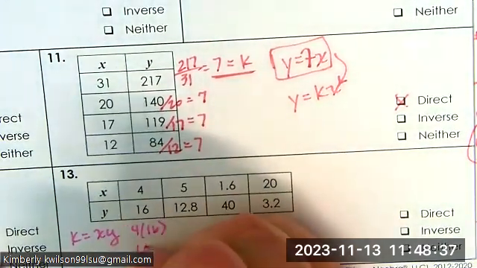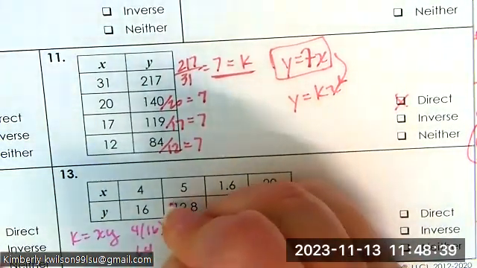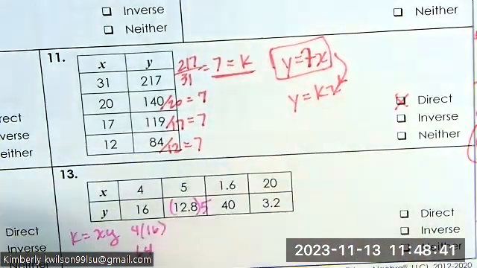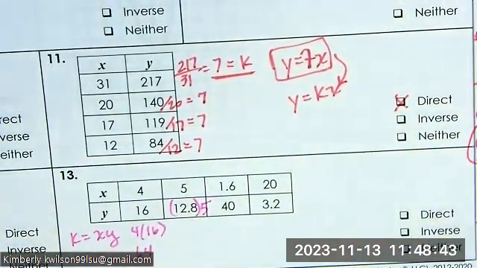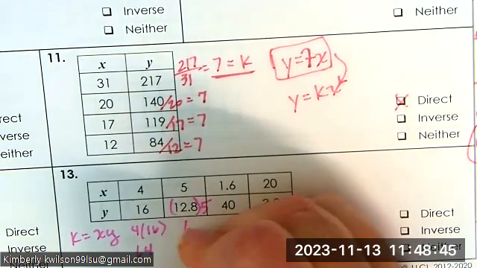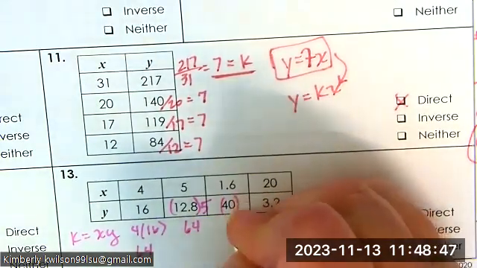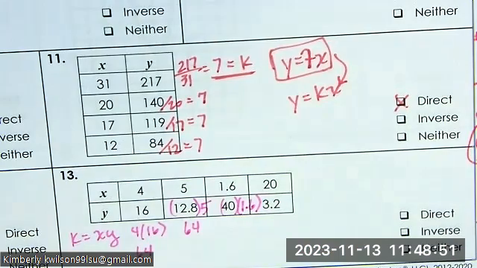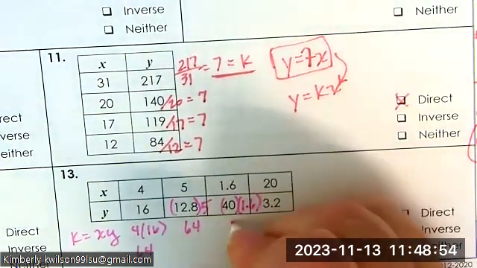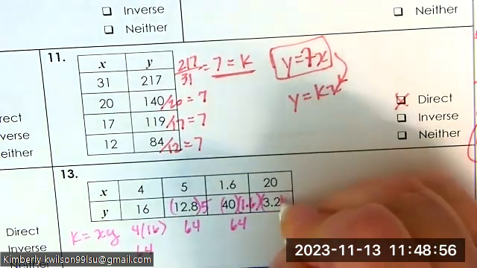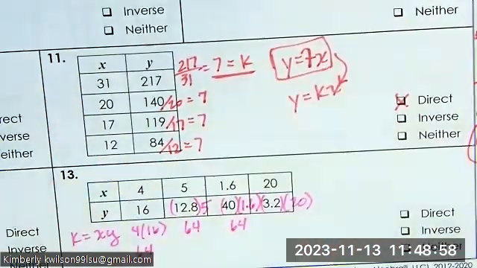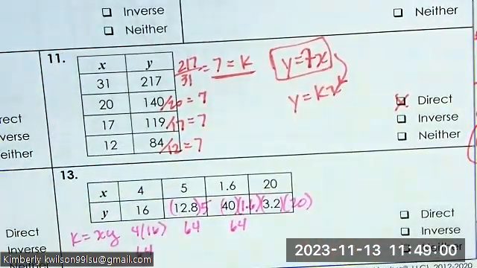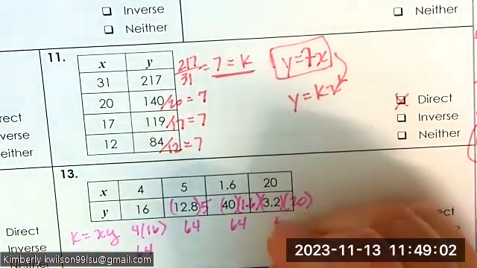That gives me 64. 12.8 times 5 gives me 64. 40 times 1.6 is 64. 3.2 times 20 is 64.